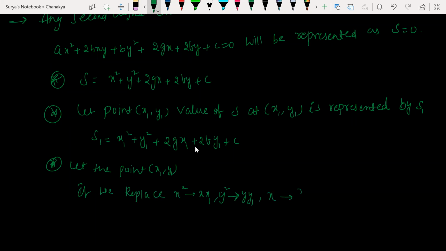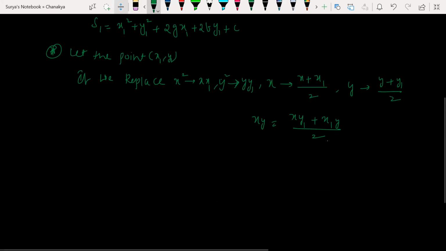Then x can be written as what? x plus x1 by 2. y can be written as y plus y1 by 2. Very, very important point. And then xy is equal to what? x into y1 plus x1 into y divided by 2.